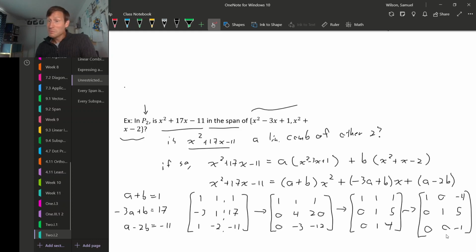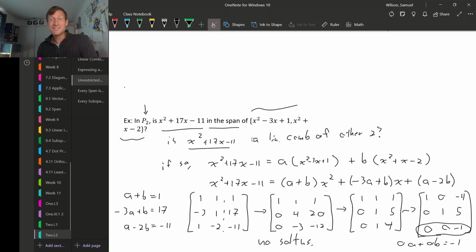Now remember that what this row is saying is that 0 times A plus 0 times B is equal to minus 1. Well, this isn't true, so there are no solutions to this system of linear equations.